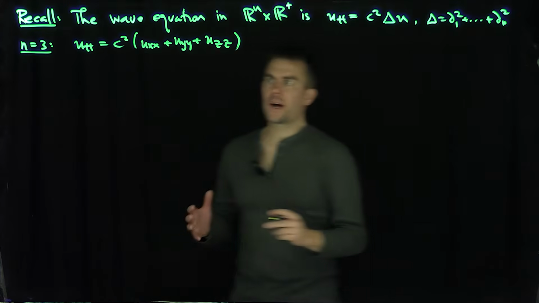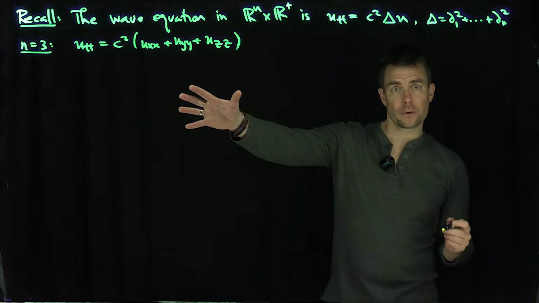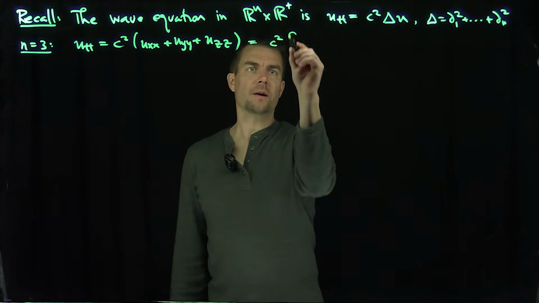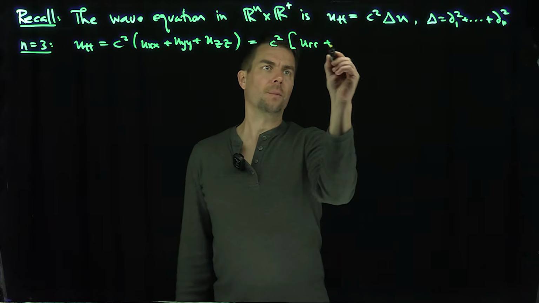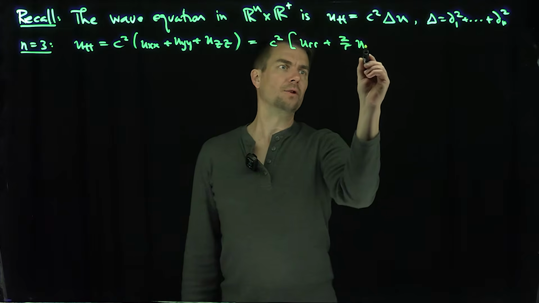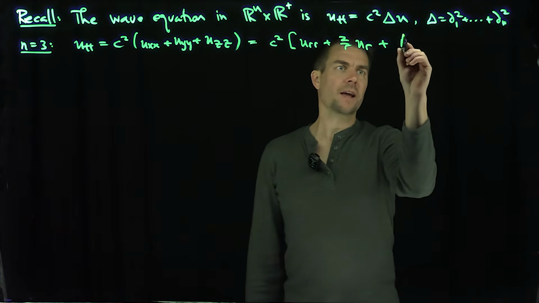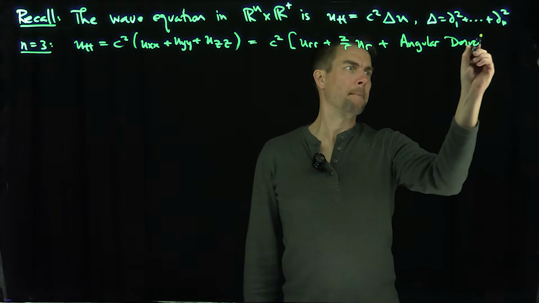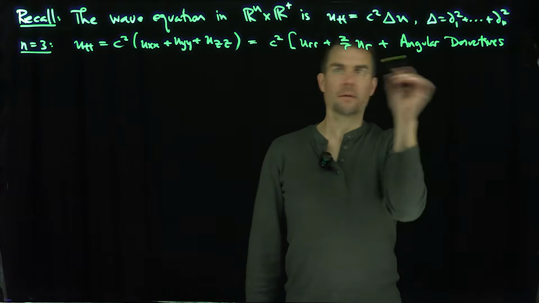And then we note that the Laplacian can be written in spherical coordinates. So we write this as c squared times u_rr plus 2 over r u_r, and then plus angular derivative terms. We have a video for the exact formula.